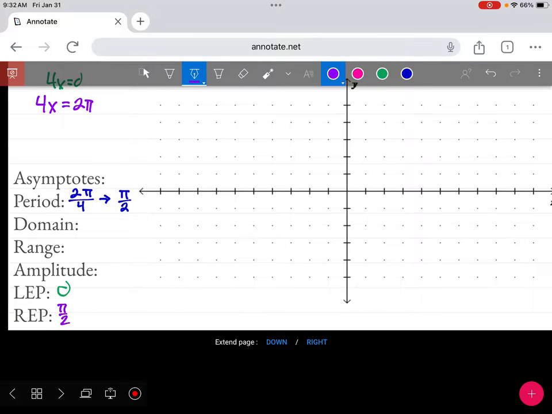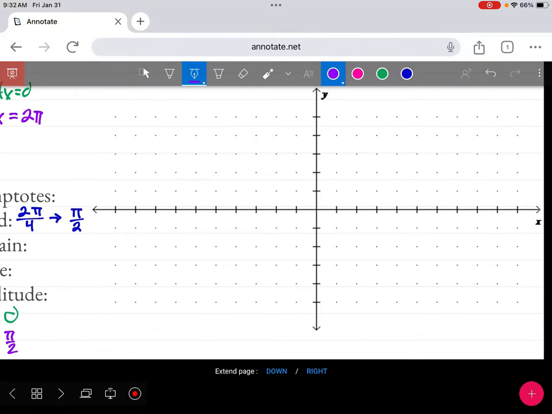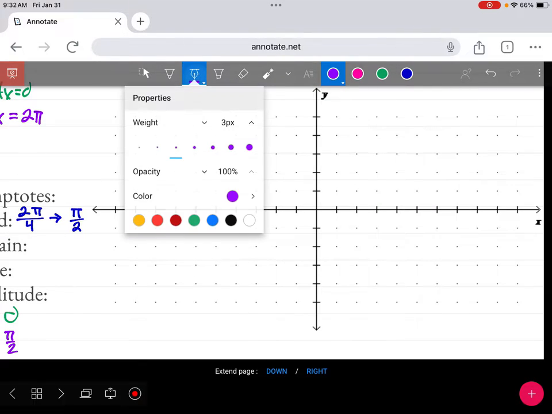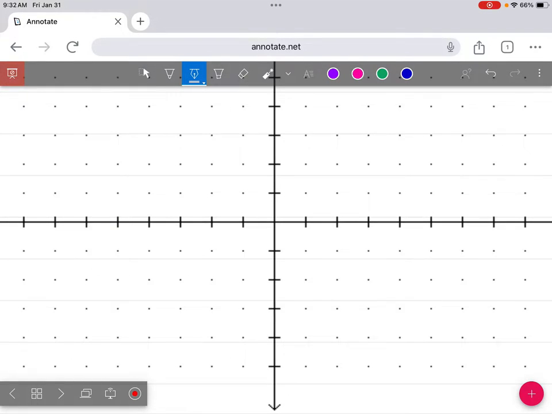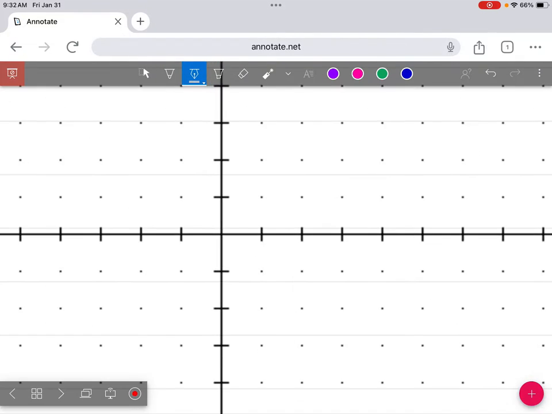So I don't want to count by pi over 2s, definitely. We might not even want to do pi over 4s, because we only need to go to pi over 2. I don't need a gabillion and a half copies of it. So we can count by whatever we want to. I'm going to go with pi over 8. Just so we can make this a little bit bigger and we can see. So here's my pi over 4.